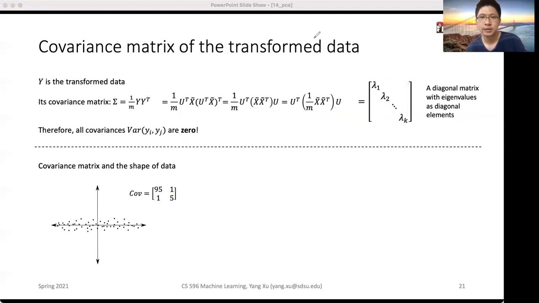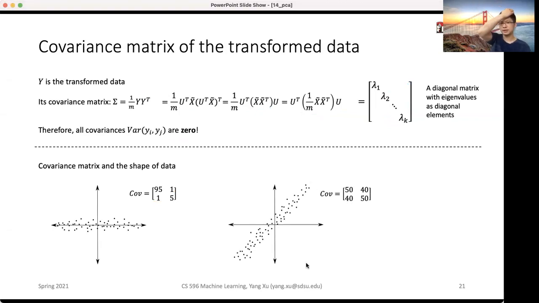And in the second example, if the data looks like this, that means the two features are kind of correlated, which means they have larger covariance in the non-diagonal values.